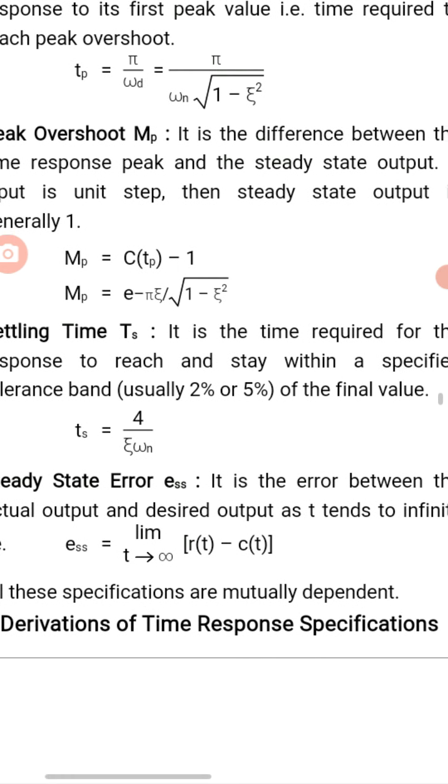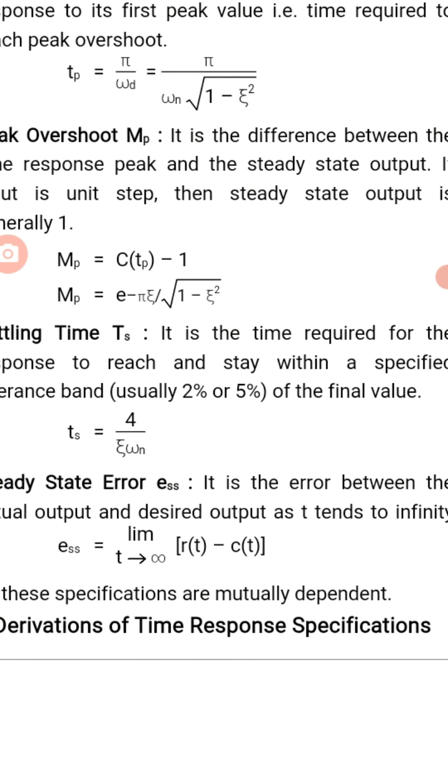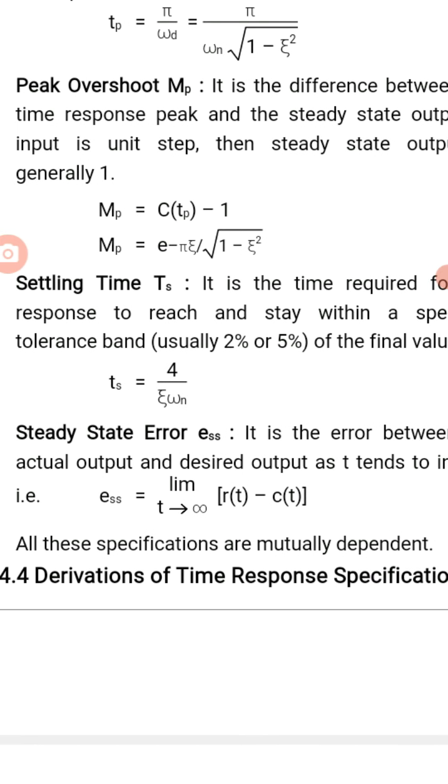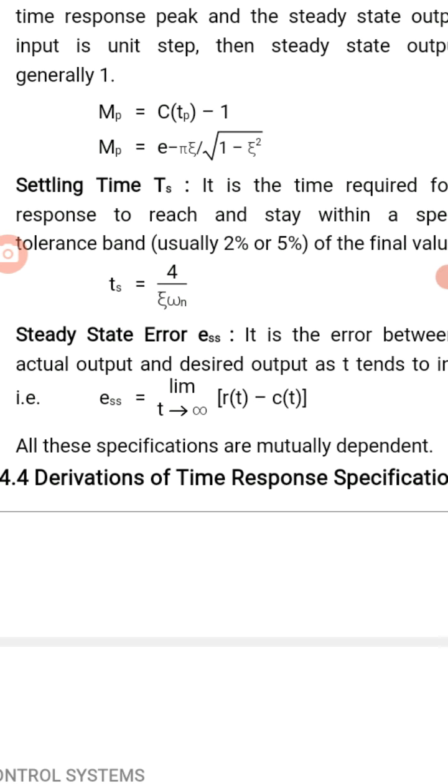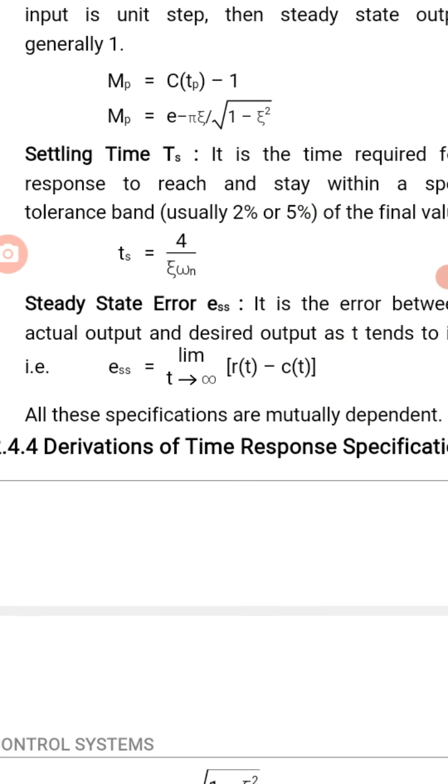So Ts = 4 upon zeta omega n. The tolerance band is a band of acceptable error. It is related to the final value. 2% of the final value is a tolerance band which is acceptable, right?